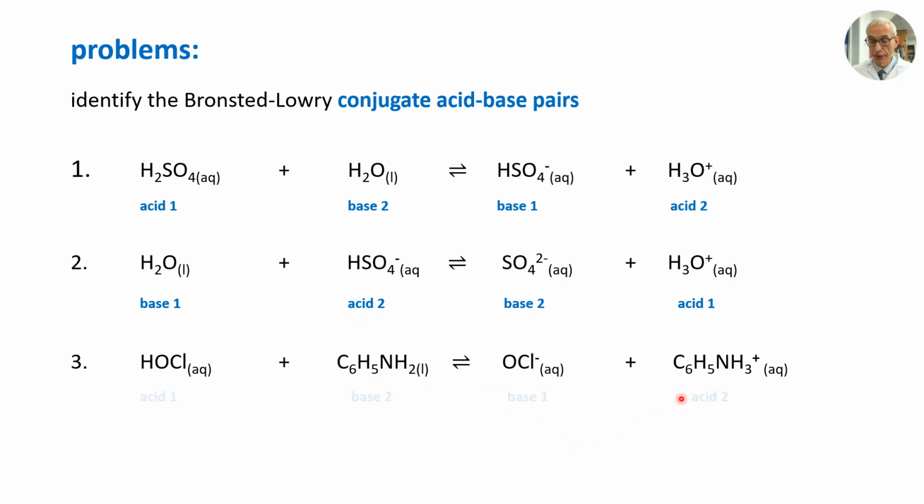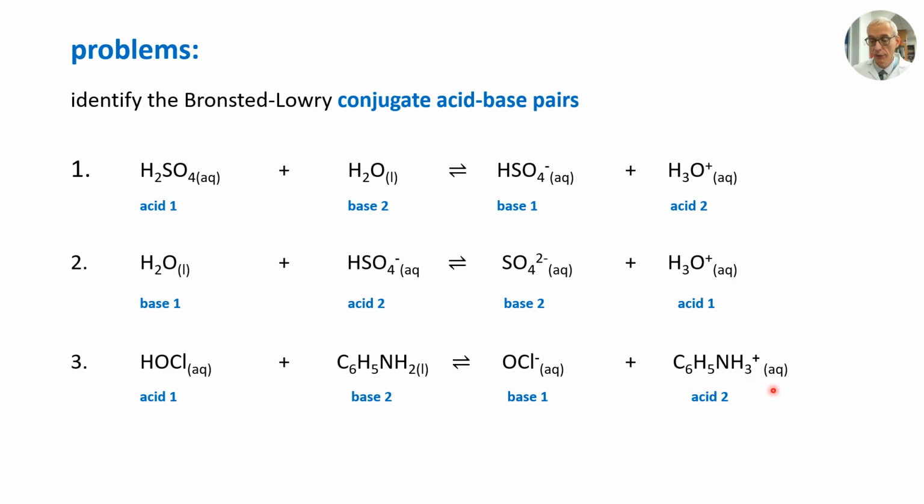If we look at the third example, hydrogen chloride and the chloride ion are an acid-base pair because the hydrogen chloride donates a proton to phenylamine.